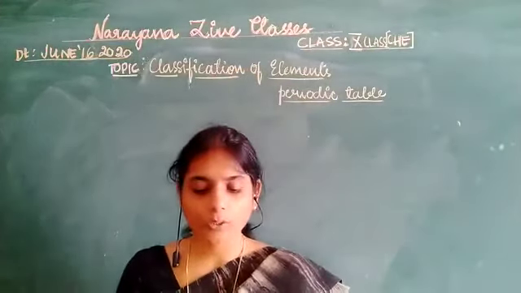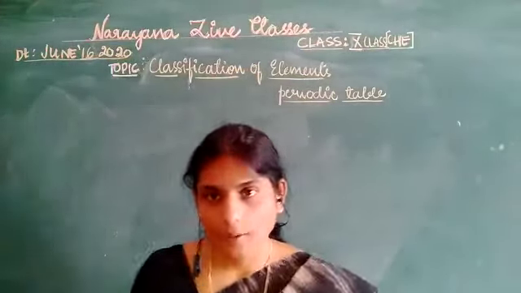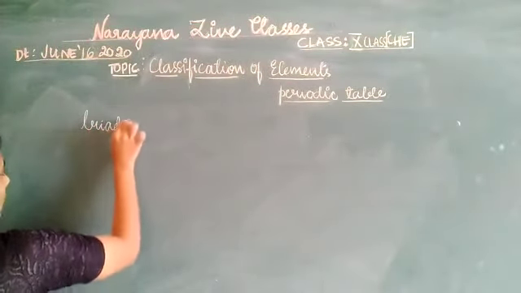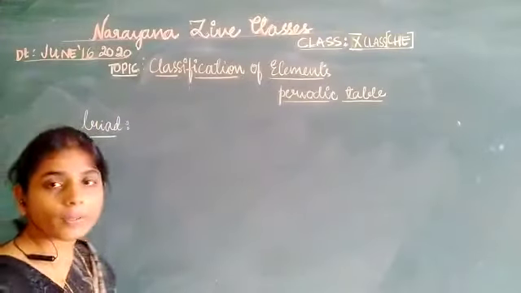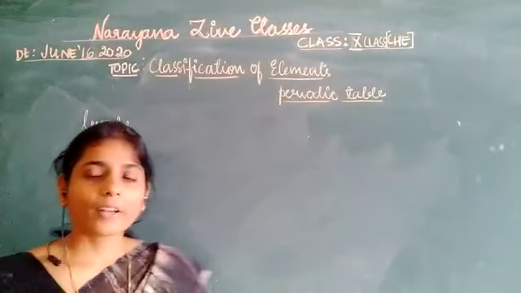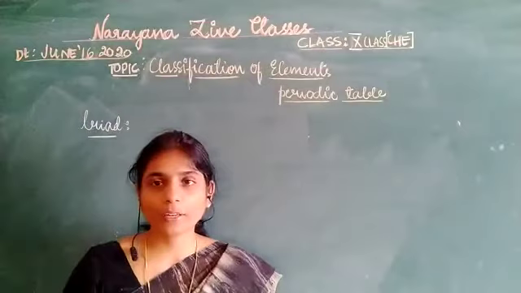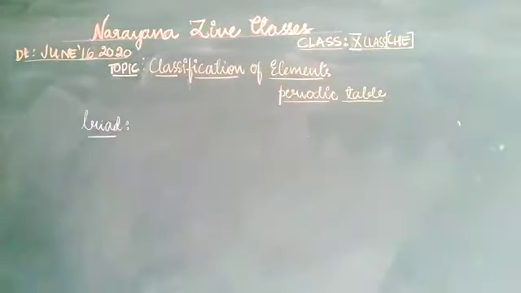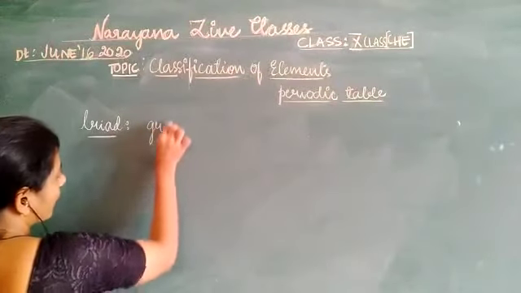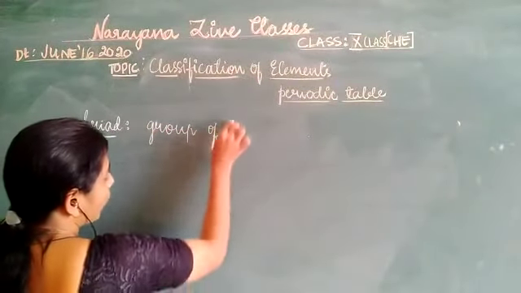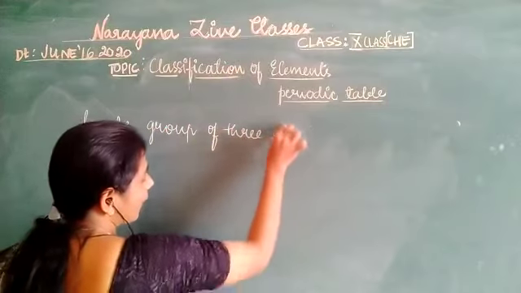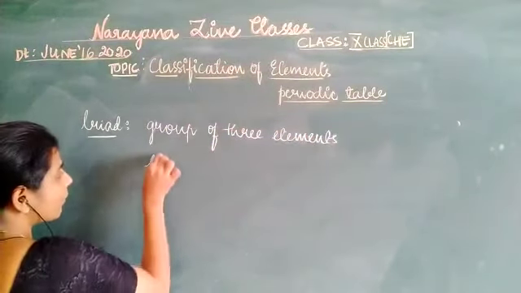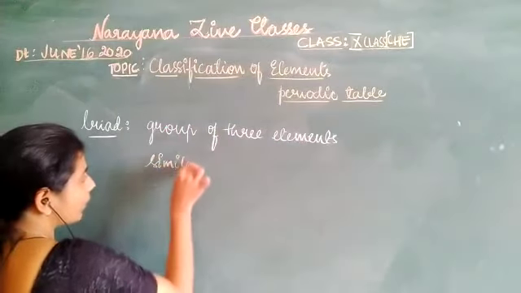The second question goes like this. What is a triad? The first attempt at classification of the elements was done by Dobereiner, in triads. He arranged the elements in the increasing order of their atomic masses in the form of triads, where a triad is a group of three elements having similar physical and chemical properties.